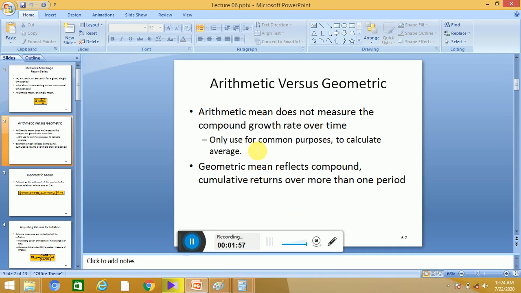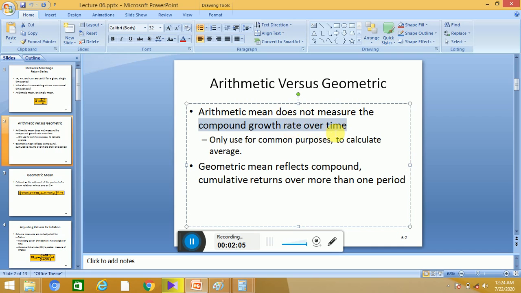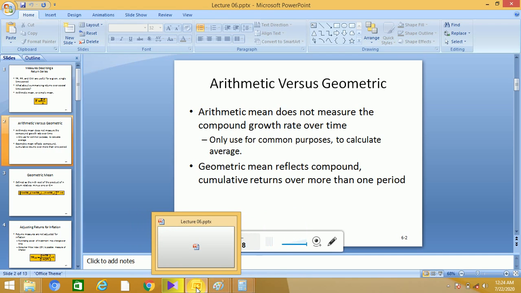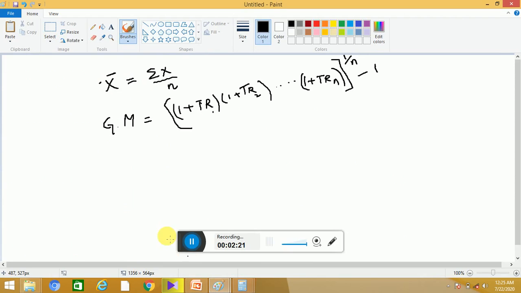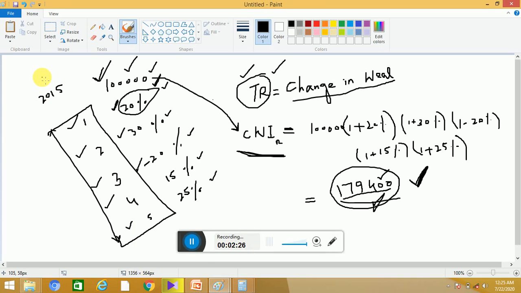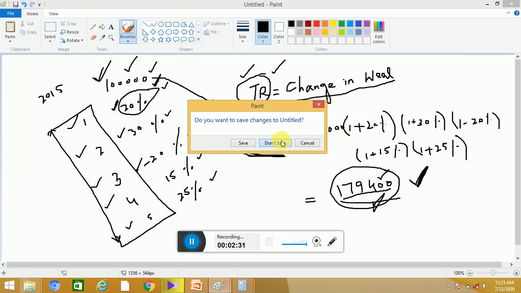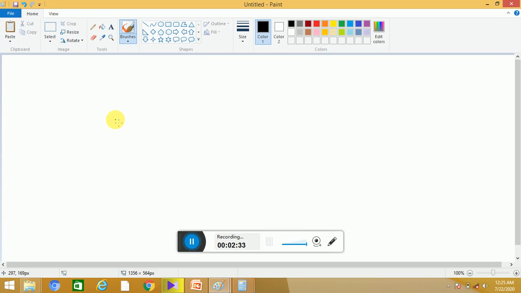Now keep in mind one thing, that arithmetic mean does not measure the compound growth rate over time, while geometric mean measures compound cumulative returns over more than one period of time. Now we are going to take an example to see which mean, arithmetic or geometric, is a strong measure.